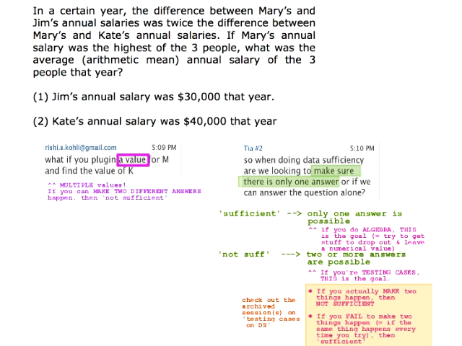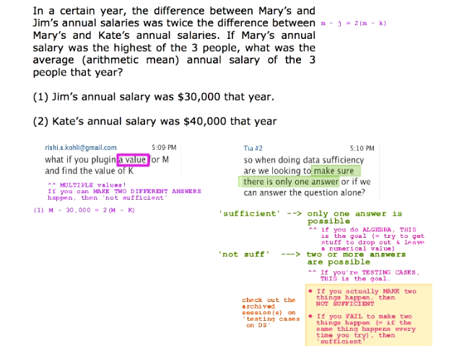So let's talk about that. In statement 1, here's our equation. If you're going to be plugging in numbers like this, you're probably going to plug into an algebraic equation. So Mary minus Jim is 2 times Mary minus Kate. In statement 1, you have Mary minus 30,000 equals 2 times Mary minus Kate.